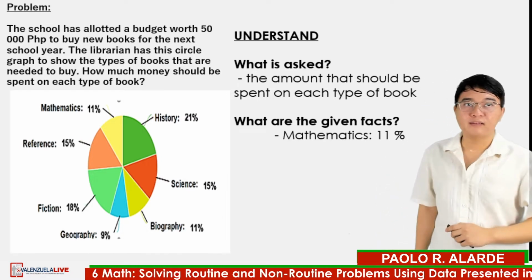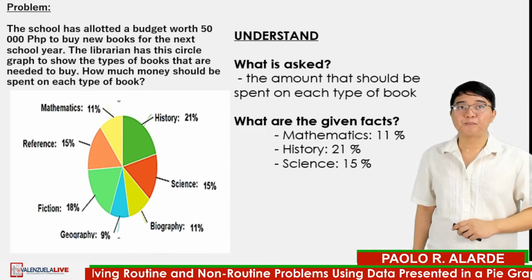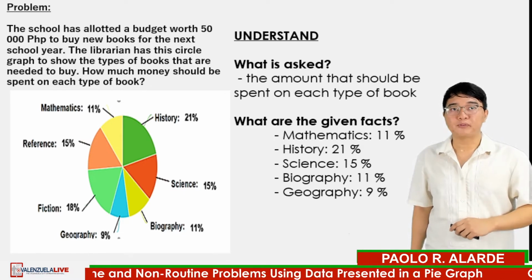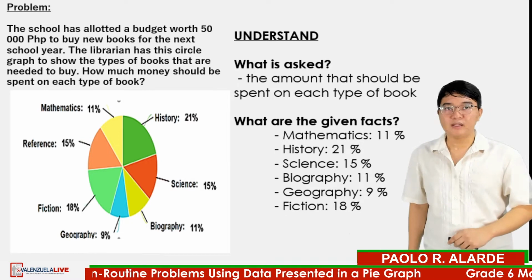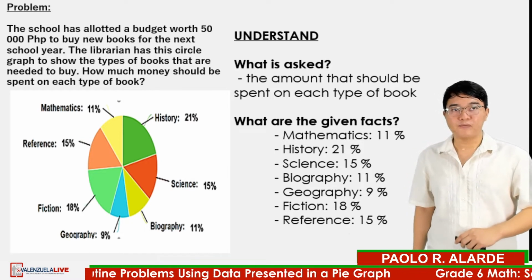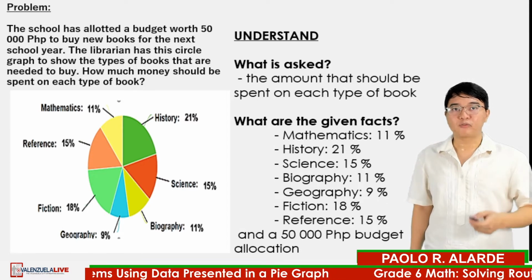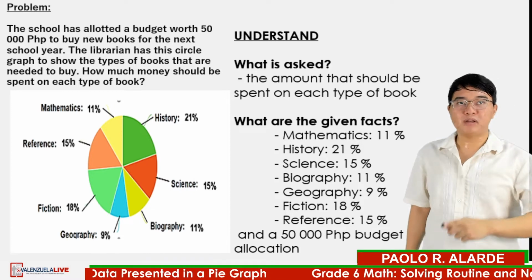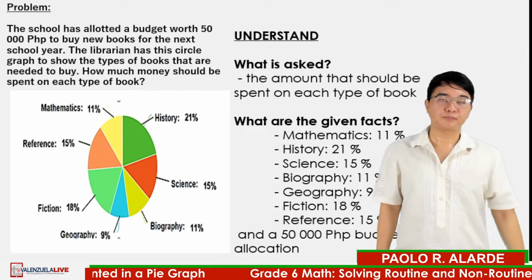Mathematics is 11%, history is 21%, science is 15%, biography is 11%, geography is 9%, fiction is 18%, reference is 15%, and of course, the 50,000 pesos budget allocation. These are the given facts that you have to take down.